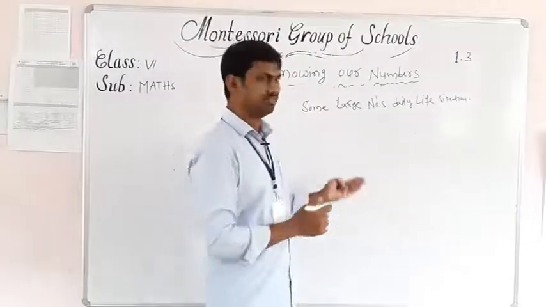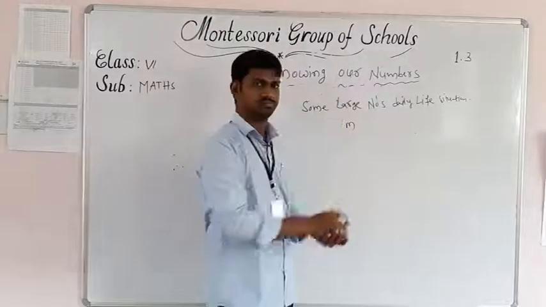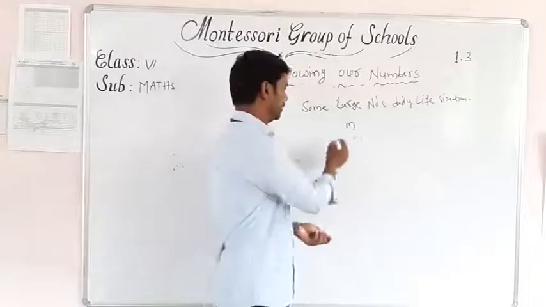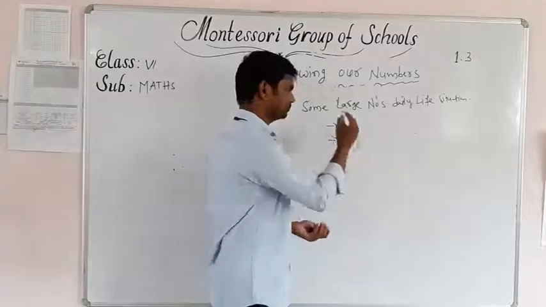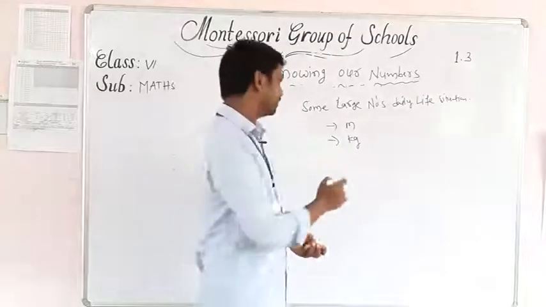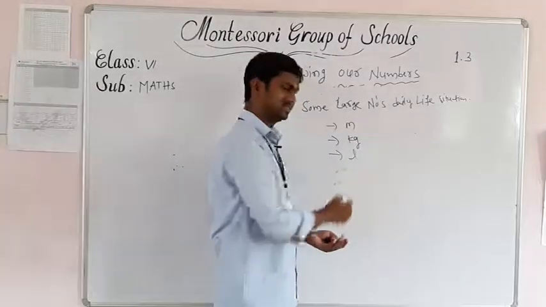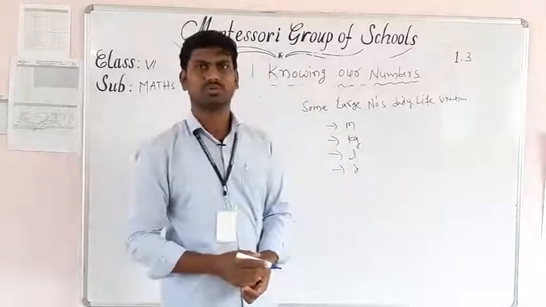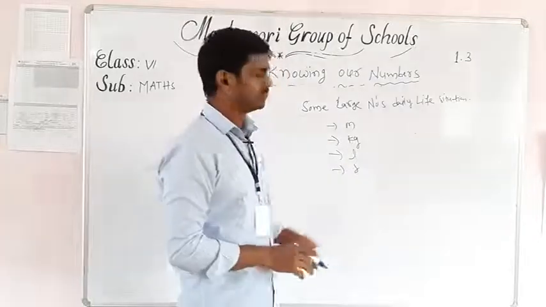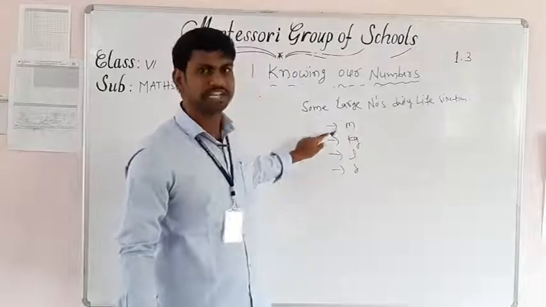To measure length, what can we use? Meter. To measure weight, kilogram. To measure volume, liters. To measure time, seconds. So these are daily life situations where we use standard measurements.